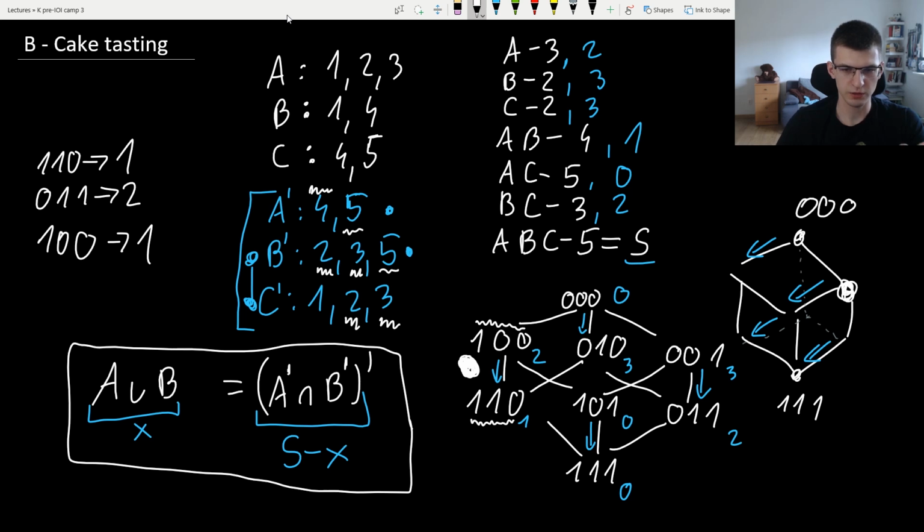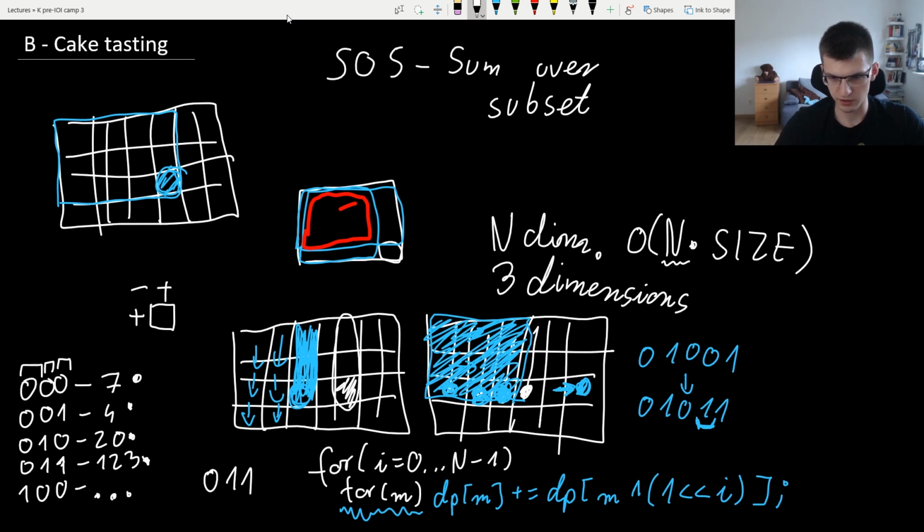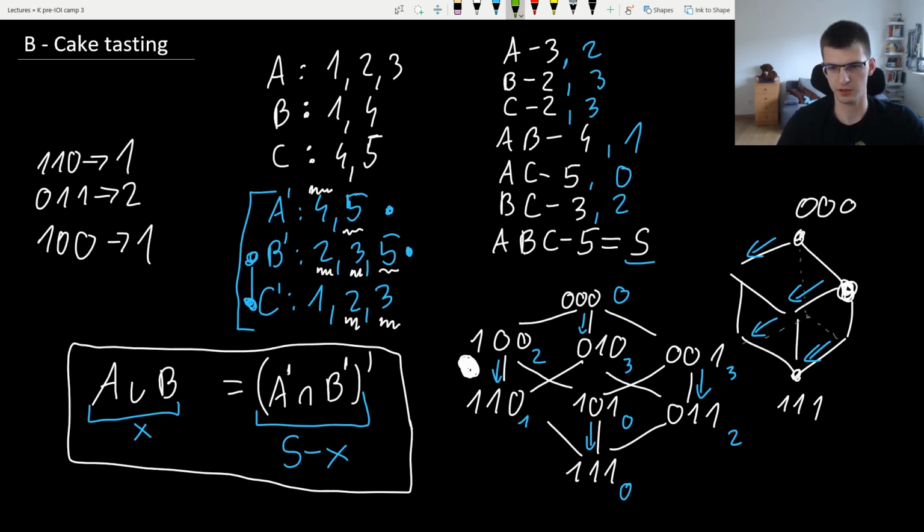In 100, we want to get the number of elements that are only in the first shop, not in first and second, because using that we'll be able to print the answer. So we do that, but here we'll have minus. This will be minus equal, and we iterate only over m that here do not contain a 1, because we want to say that we do dp of that mask minus equal dp of this mask.